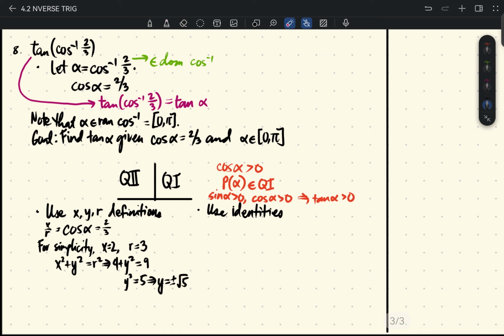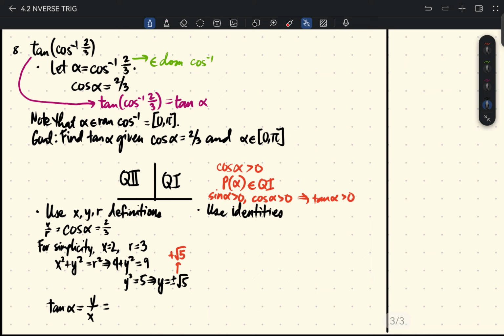However, what did we say? We said that we are in quadrant 1, so the y value is always positive. That means we're taking the positive square root of 5. Then now we can find tangent alpha. Recall tangent alpha is just y over x.